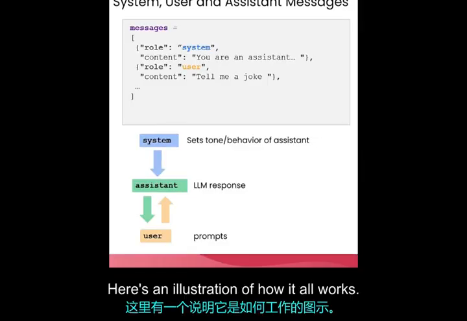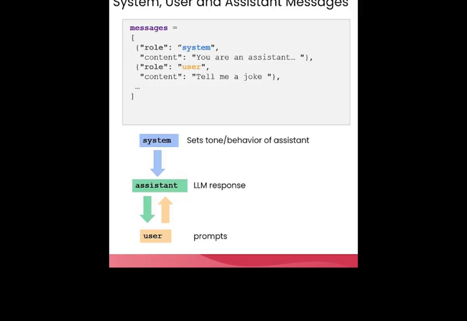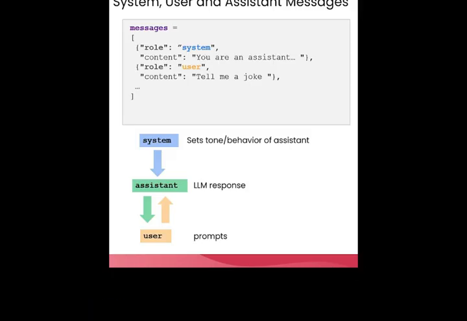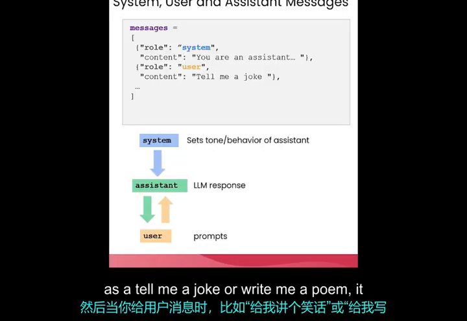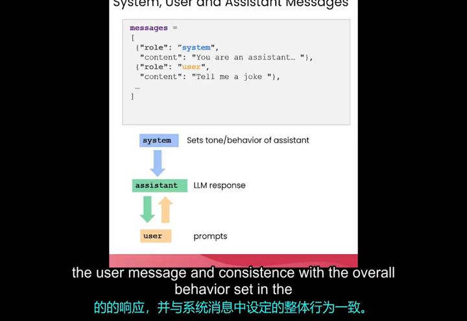Here's an illustration of how it all works. So this is how the chat format works. The system message sets the overall tone or behavior of the large language model or the assistant. And then when you give it a user message, such as tell me a joke or write me a poem, it will then output an appropriate response following what you asked for in the user message and consistent with the overall behavior set in the system message.